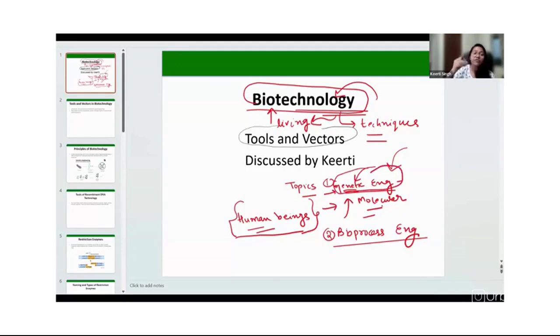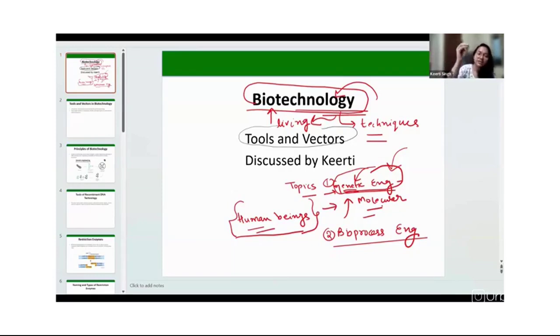It means we have to go up to the level of the gene, right? We have to alter a particular gene, the gene that is responsible for the color of that flower. We have to alter that gene, right? We need a purple color, so we need some external gene that will code for purple color.